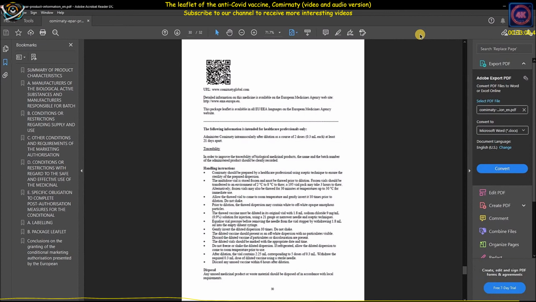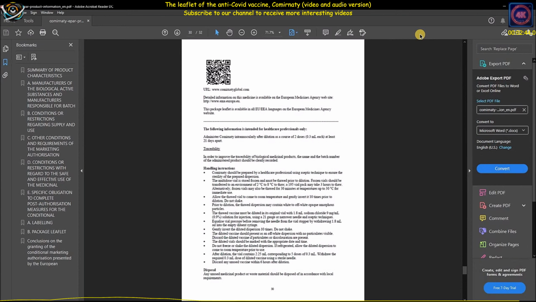The following information is intended for healthcare professionals only. Administer Comirnaty intramuscularly after dilution as a course of 2 doses, 0.3 ml each, at least 21 days apart. Traceability: in order to improve the traceability of biological medicinal products, the name and the batch number of the administered product should be clearly recorded.